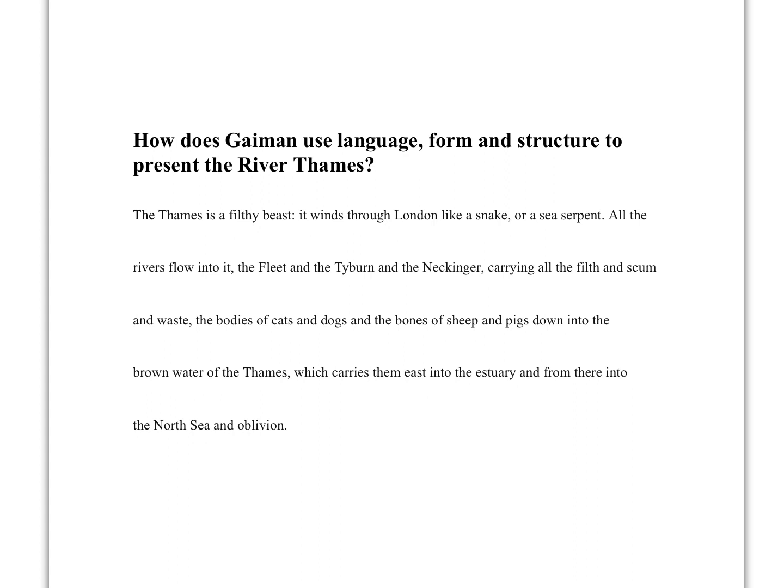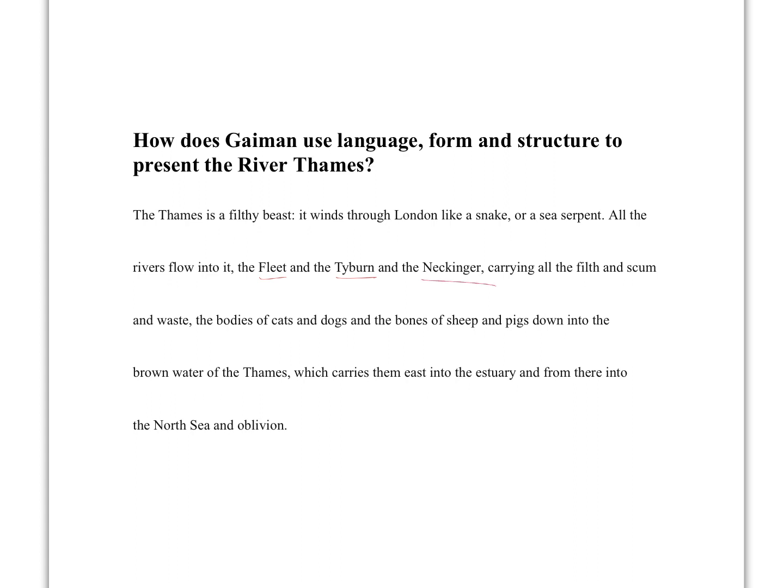Now, first thing to do is to check really that you are quite happy with all of the vocab. Now, there might be in any given extract one or two words that you think, not quite sure about that, and you need to develop some strategies for trying to work out what they are. Here, one of those strategies can come into play when we look at this list, Fleet and the Tyburn and the Neckinger.